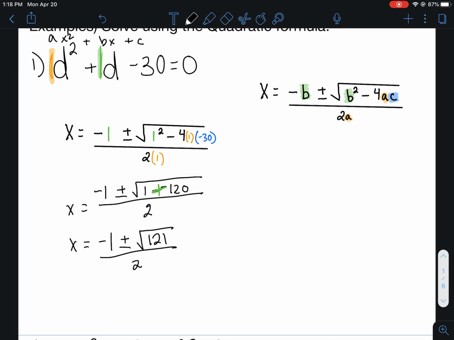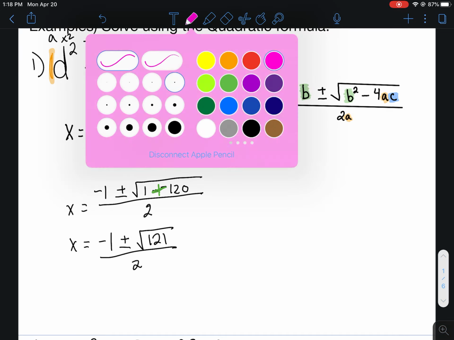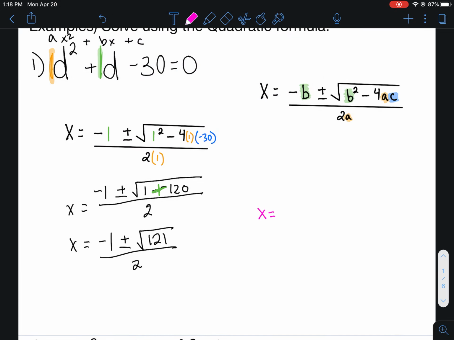They may be the same solutions, but there are 2 solutions. So I'm going to have x equals negative 1 minus the square root of 121, all divided by 2. And I'm also going to have negative 1 plus the square root of 121, all divided by 2.